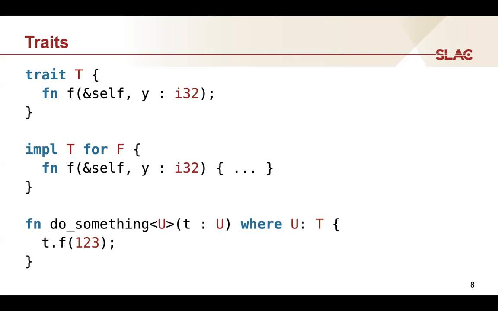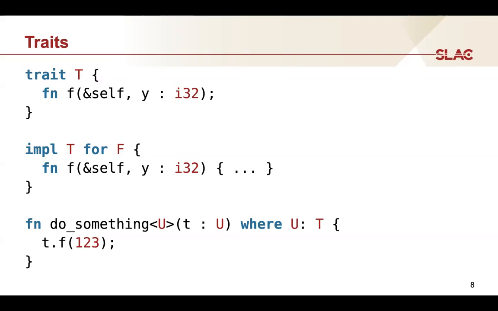A trait gives you a set of methods that are going to be defined. So anything that implements this trait T has this method f on it, but it doesn't tell you what type that thing is. Suppose we have that struct from before; we can implement the trait for that struct by writing out the code in this middle impl block here.